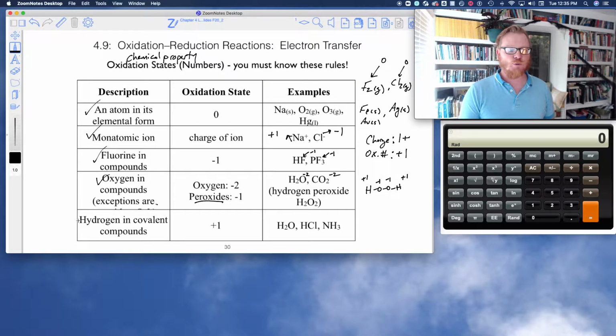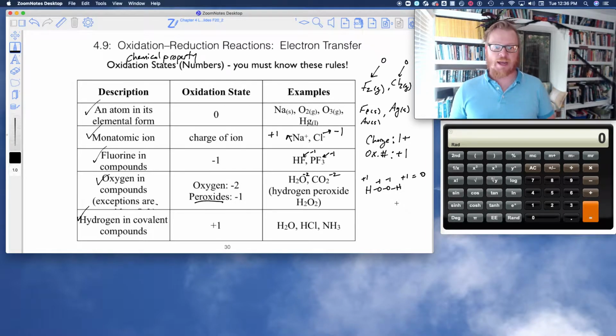And then the last rule here, hydrogen in covalent compounds is always +1, right? So this hydrogen peroxide compound is covalent. So these hydrogens have to be +1. So that's why those oxygens are -1, because all of those oxidation states have to add up to 0 in the case of hydrogen peroxide. But in other compounds, the oxidation states all have to add up to what the charge is.